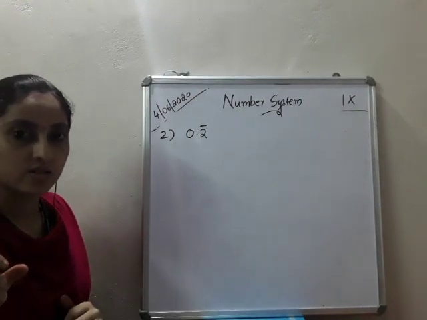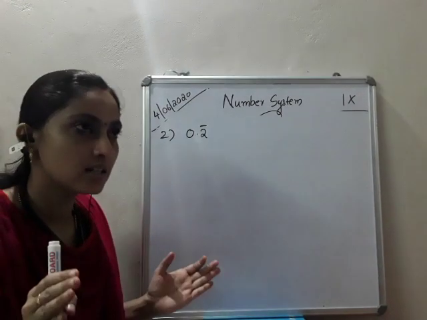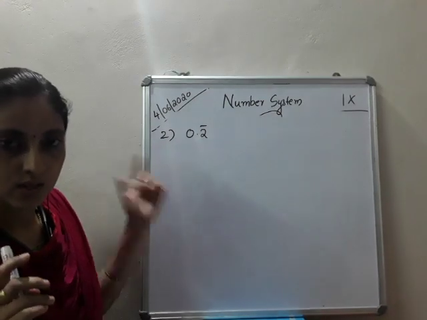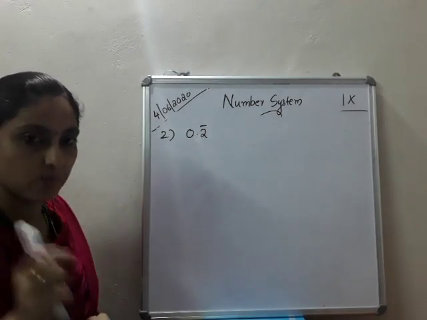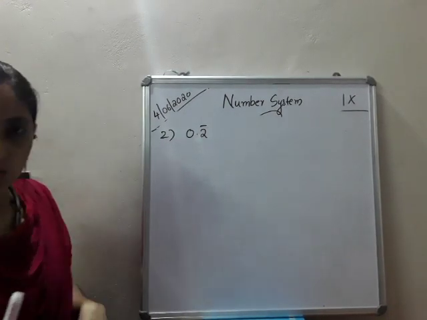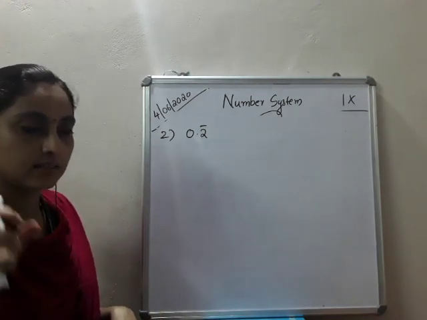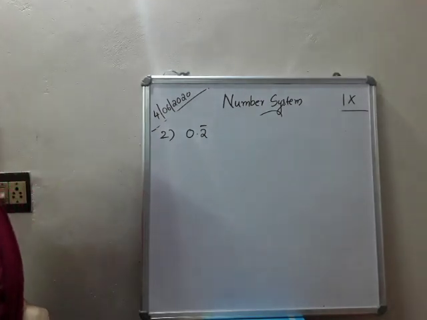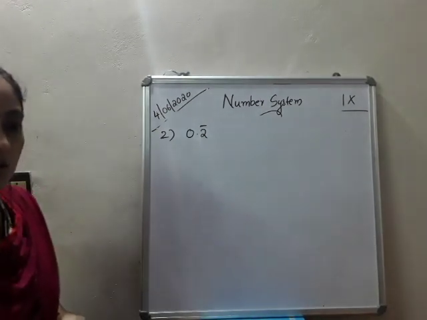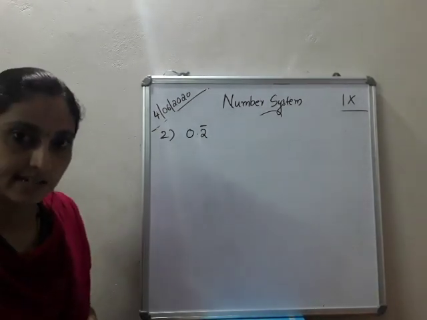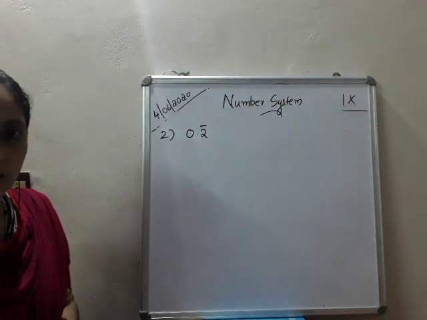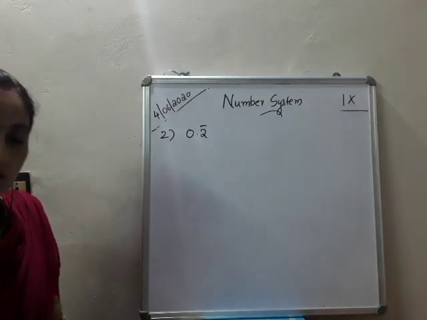Yes, let x is equal to 0.2 bar. So please write down, let x is equal to 0.2 bar. So how can you write that? That is equal to 0.222 etc. Mark that as equation number 1.